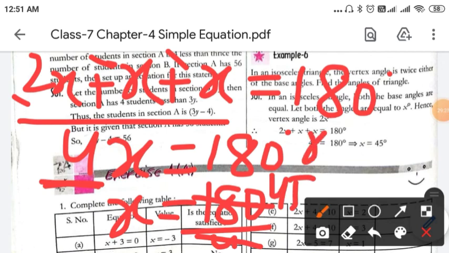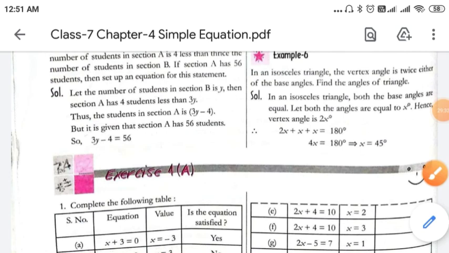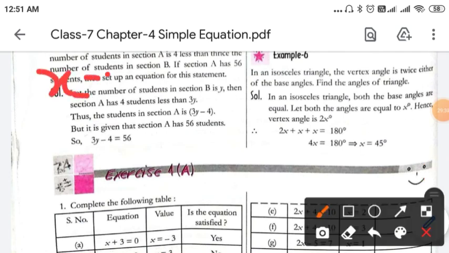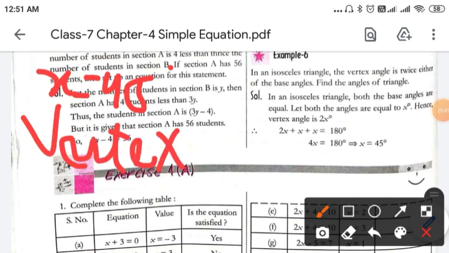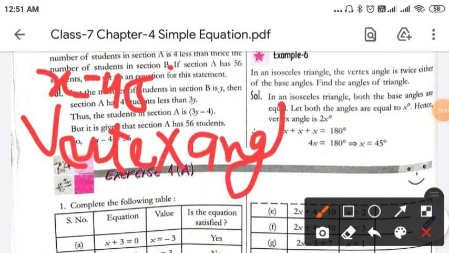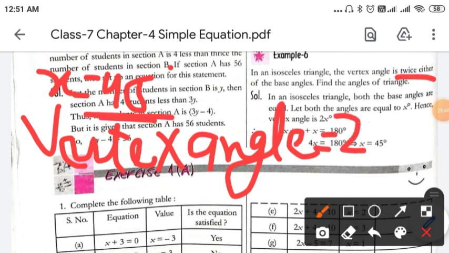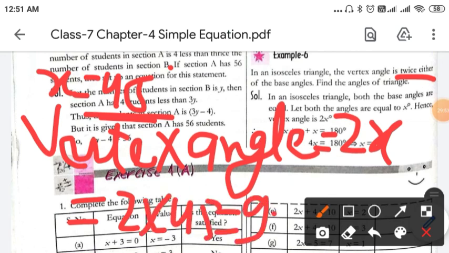So the base angle is 45 degrees, x equals 45 degrees. Now we can easily find the vertex angle too. The vertex angle is twice the base angle, so 2 into 45 equals 90 degrees. So the vertex angle is 90 degrees and the base angles are 45 and 45 degrees.